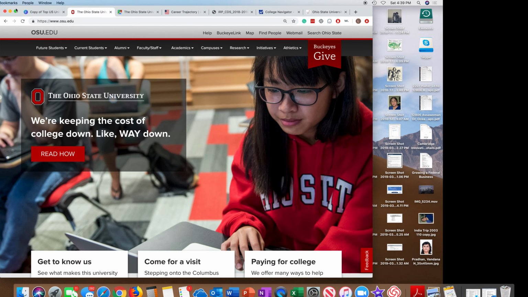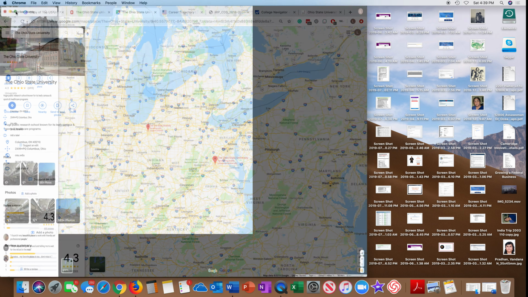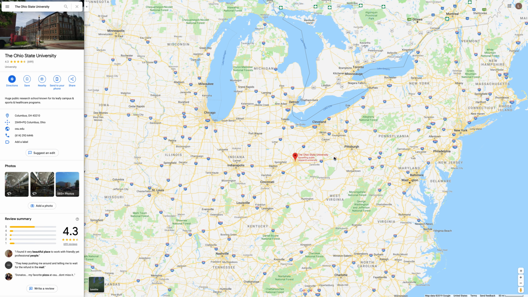So now, the question is, where is Ohio State University? Ohio State University is in Columbus, Ohio. And Columbus, Ohio is really near to many major cities. It's near Pittsburgh, it's near Cleveland, it's near Detroit, it's near Cincinnati, and most importantly, it's very near Washington, D.C. So it's a drivable distance all the way from Ohio State to Washington, D.C. and back.